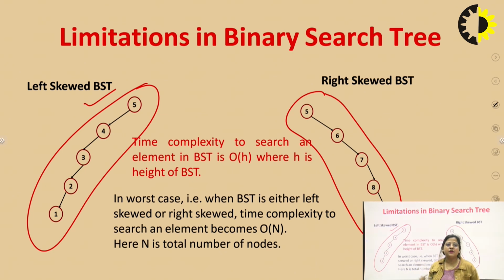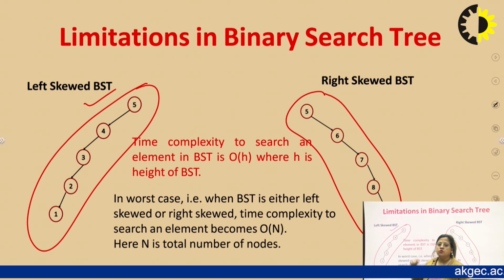So the complexity of height in BST increases, and the complexity also increases. This is the limitation of BST. That's why we use the AVL tree, which overcomes this problem using different types of rotation.